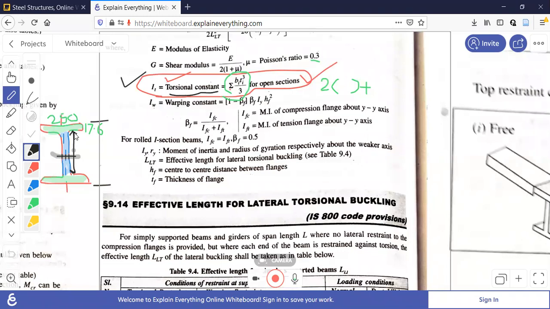Here also, don't go by your normal strength of material equations. In both the cases, it will be thickness raised to 3. So what is the thickness here? Thickness of web is 10.5.